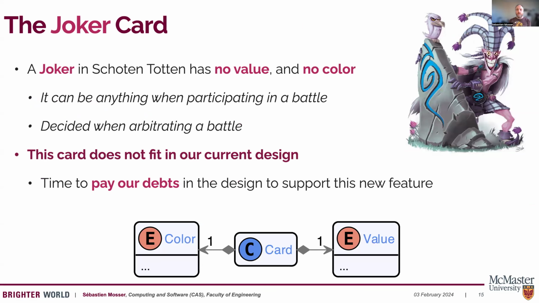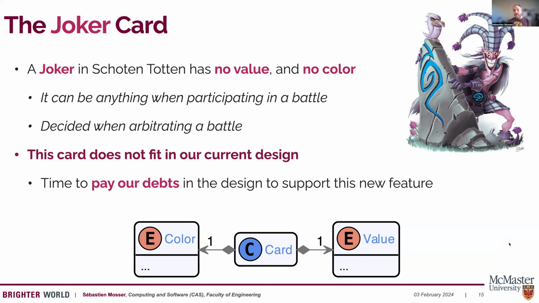So we'll stay in Scott and Totem, and it has this pretty cool card on the right-hand side, which is a joker. And a card in Scott and Totem has a color, there are 6 colors, and a value from 1 to 9. But there's one particular card, which is a joker. Scott and Totem is about fighting, so you're basically using your cards to fight your opponents. You're putting your joker inside your battle.